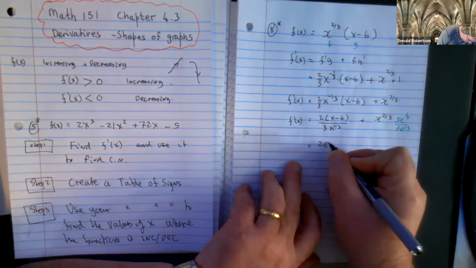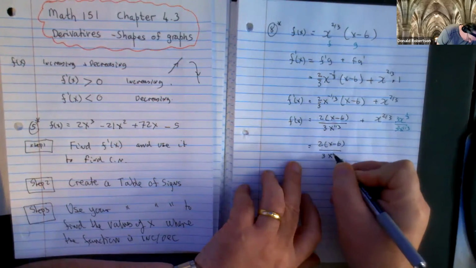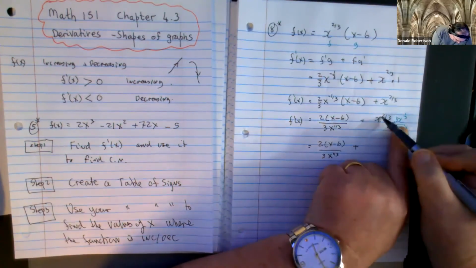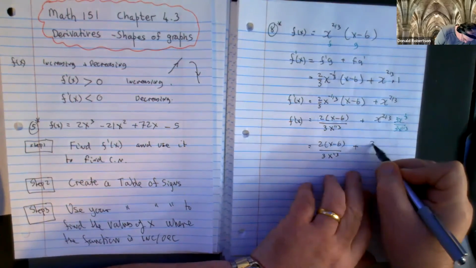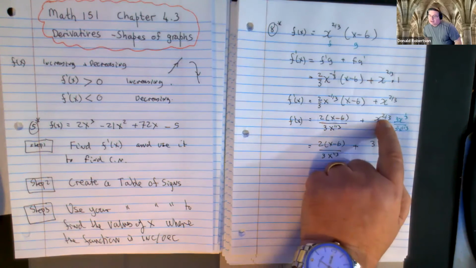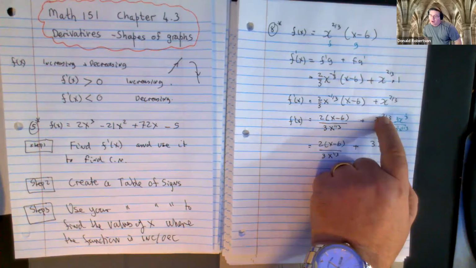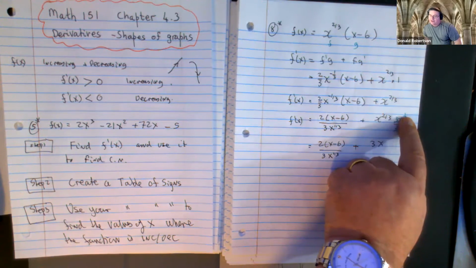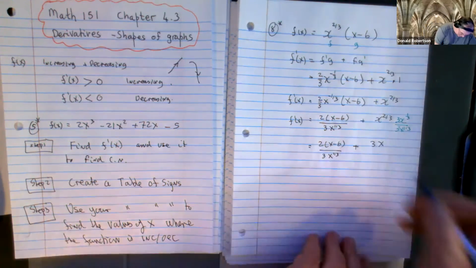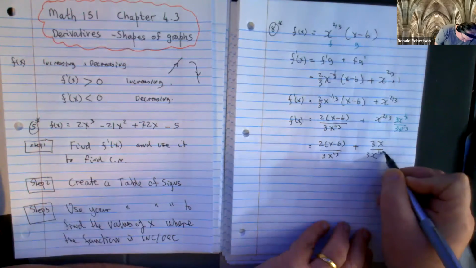We get 2 lots of x minus 6 over 3 lots of x to the third, plus, if you multiply these two together, you get 3x. Now, check it out. x to the 2/3 times x to the 1/3. Well, you add 2/3 to 1/3 and you get 3/3, which is 1. So you get x to the 1. And it's also over 3 lots of x to the third.